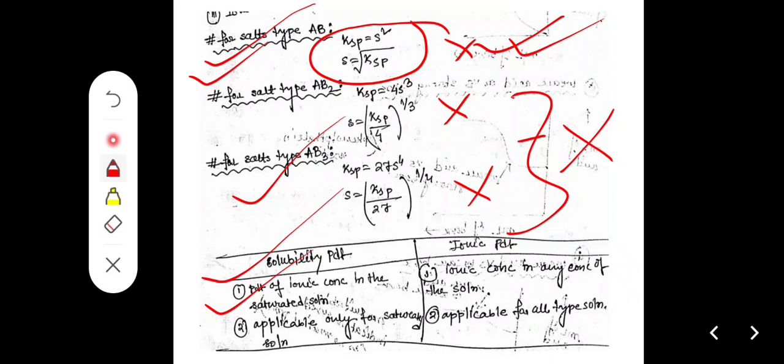In ionic product, it is the ionic concentration at any concentration; the term saturated solution is not mentioned. That is the difference. Solubility product is applicable only for a saturated solution, and ionic product is applicable for any type of solution, with no need to consider saturation.